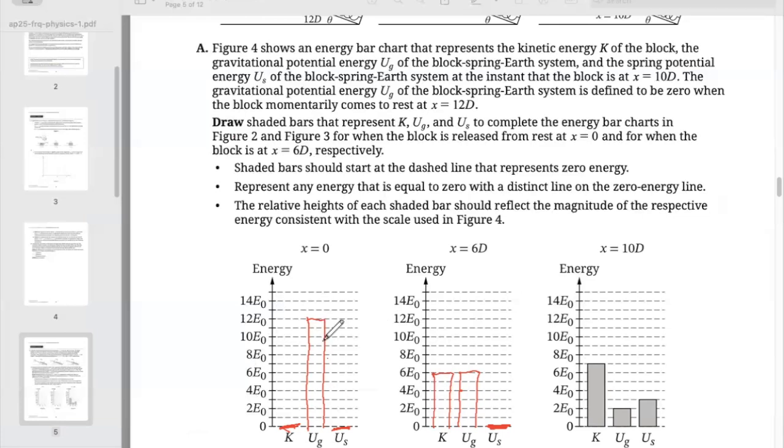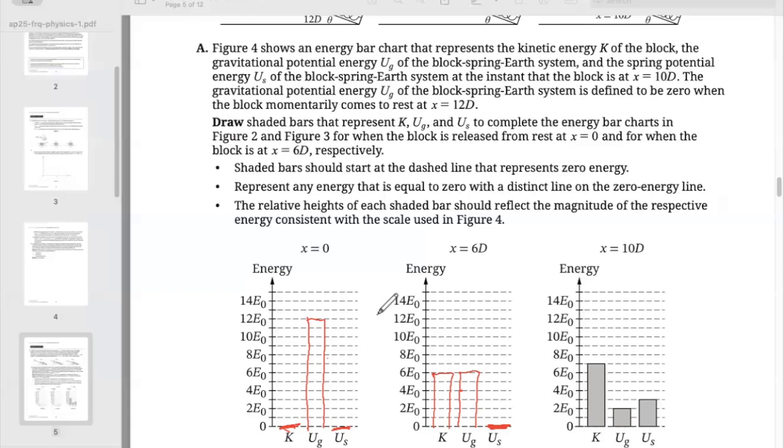Okay, so my thought process here, and my guess is that you're probably going to get like another 2 or 3 points for these graphs. One for representing the zeros, one for representing equal energies at 6D, and one for representing 12E0, or just saying that total energy has to be conserved, perhaps. Yeah. These look a little bit different than some of these sample questions I've seen, so I'm just kind of speculating.